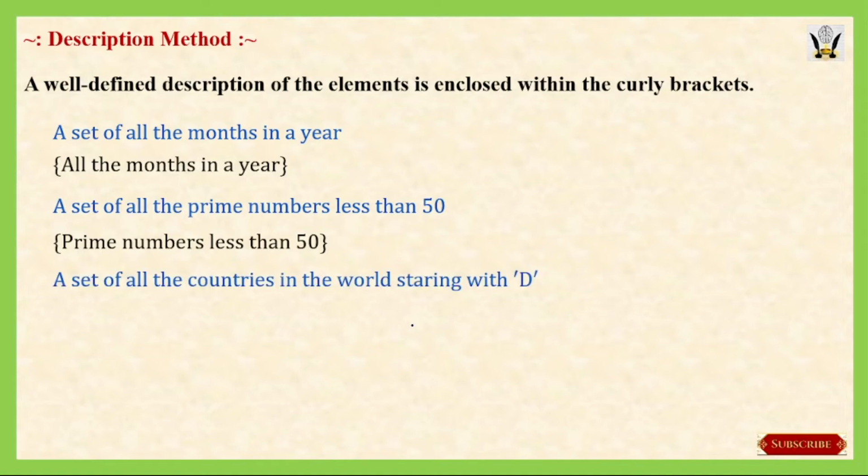Another example we can take is a set of all the countries in the world starting with D. This is our requirement. So when we describe the set, within curly braces we can write all the countries starting with D. So this is how we describe a set, and this is the description method.